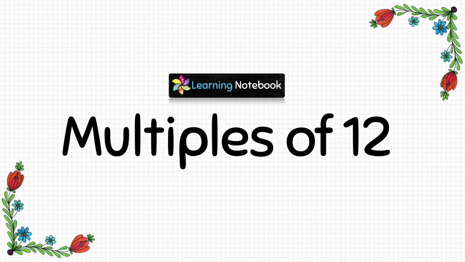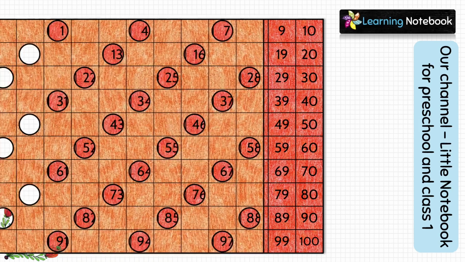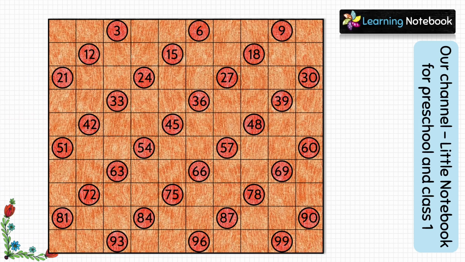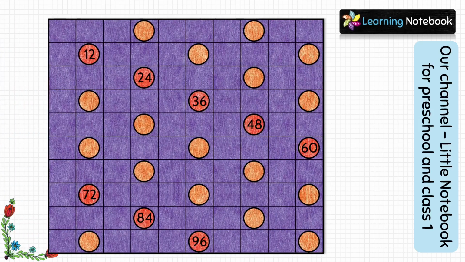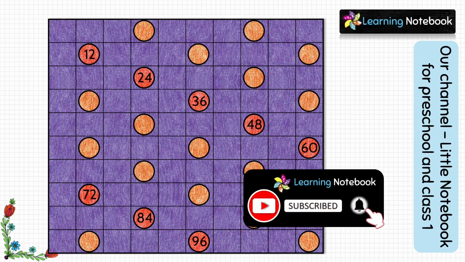Now we will find multiples of 12. Here, since 12 is a multiple of 3 and 4, let's first place the orange grid over this red numbered sheet to show multiples of 3. Then on this orange grid, we will place the purple grid and we will get multiples of 4.